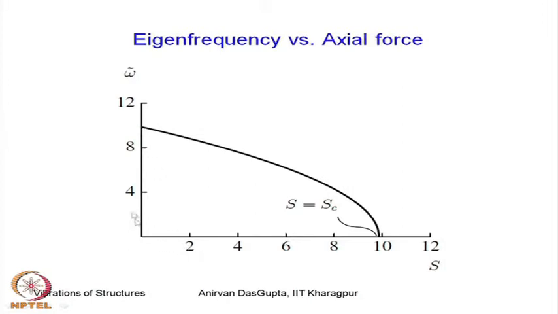When the load is 0, you have the first circular natural frequency non-dimensional, and as the load increases, this falls, and at a certain load the circular natural frequency goes to 0. So, this is the buckling load or the critical load.